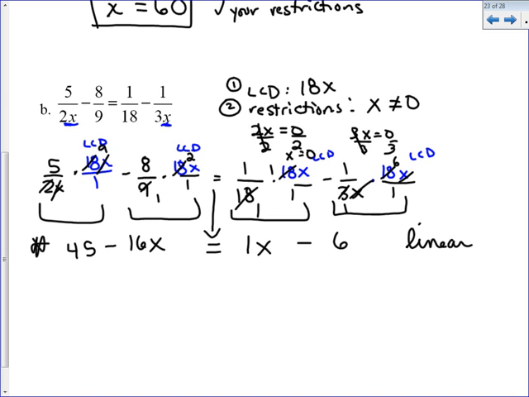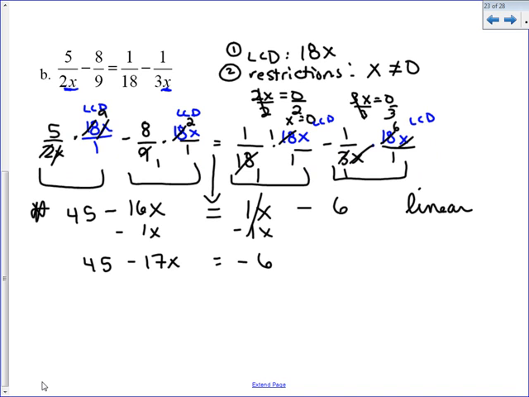I want my x's to one side, my constants to the other. It doesn't matter which way you go. I'll take my x's left, and I find people tend to prefer that. So I'm going to take my 1x over. So I have 45 minus 17x equals negative 6.